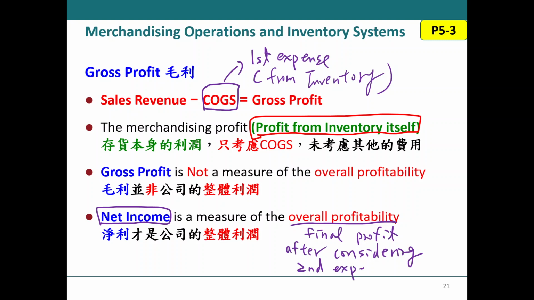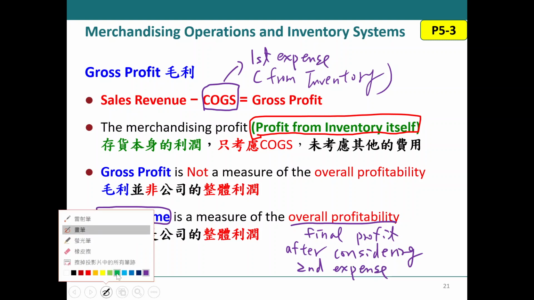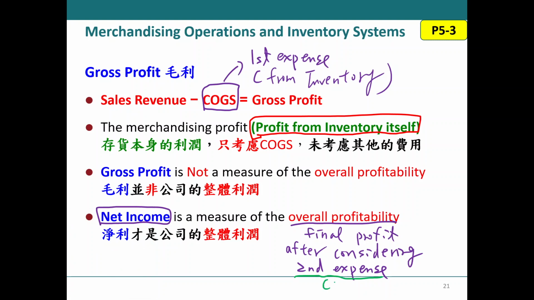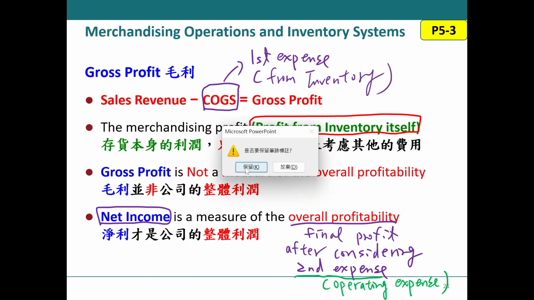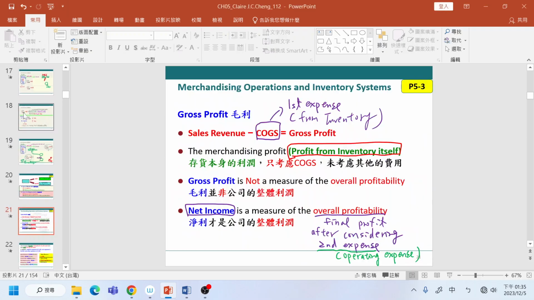What's your second expense? Operating expenses, right? 营业费用.